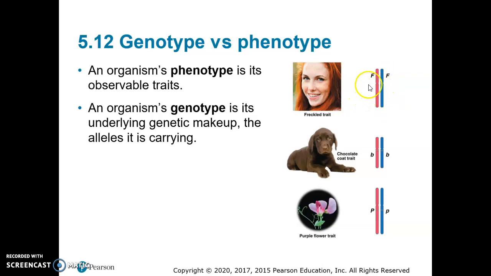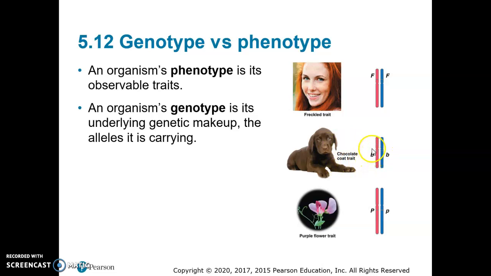But for something to be dominant, it means that you only need one form of it, and you're going to phenotypically see it. If something is recessive, what that means is that you have to have both recessive alleles in order for it to express itself. And that's what's true with chocolate labs. Chocolate labs, the only reason why they're brown is because they've got two recessive alleles.